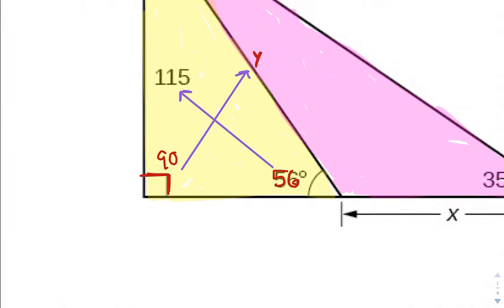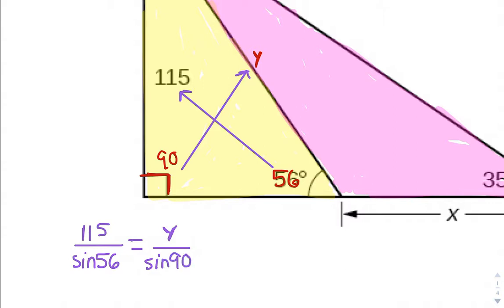So if I look at the side 115, well, we just saw that it's directly across from the angle measure of 56. So that's how I get the proportion of 115 over sine 56. Then my other side is y. So I take y, across from y was my angle 90. So I can do sine 90.